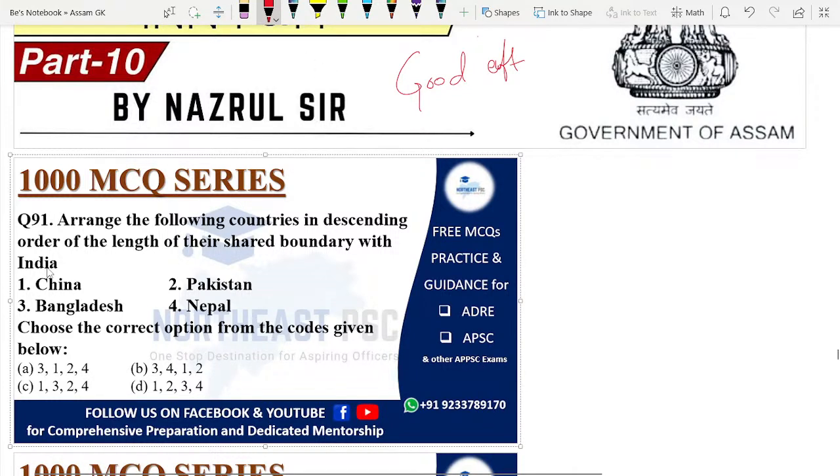Arrange the following countries in descending order of the length of their shared boundary with India, from bigger to smaller: China, Pakistan, Bangladesh, Nepal. Choose the correct code given from all the 4 options.